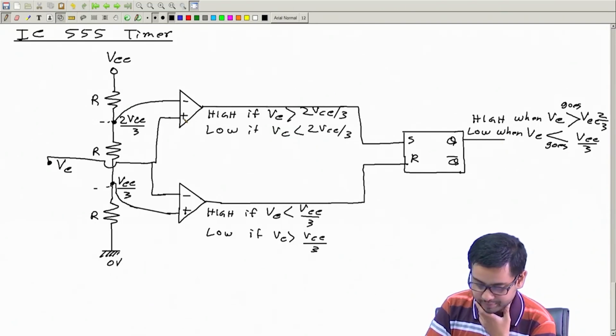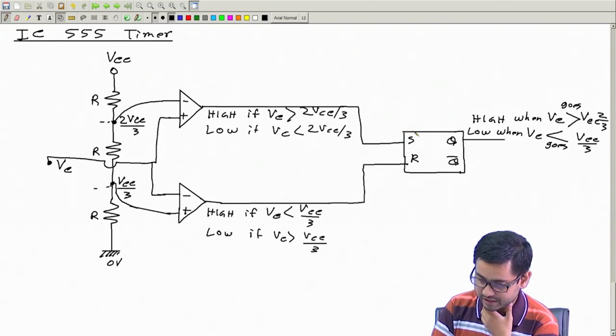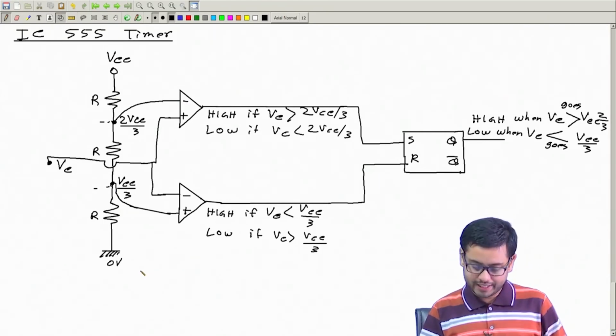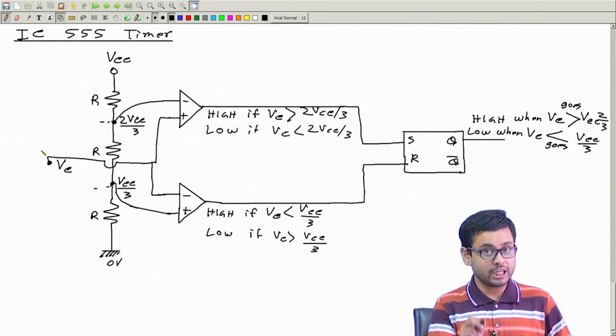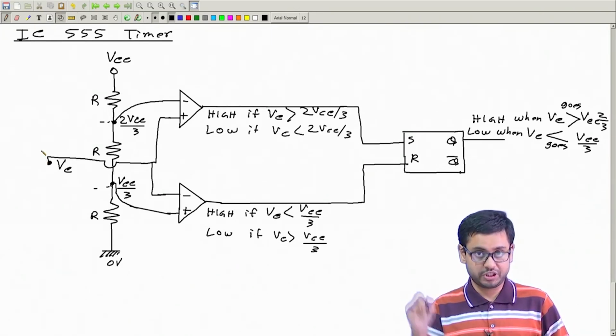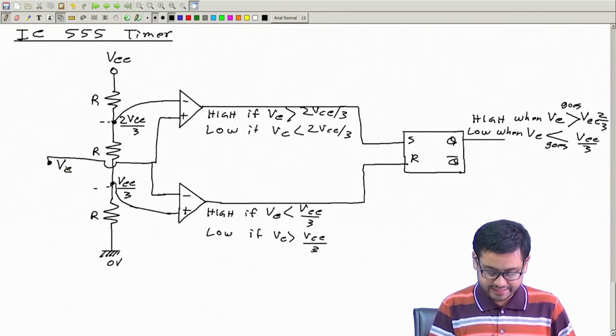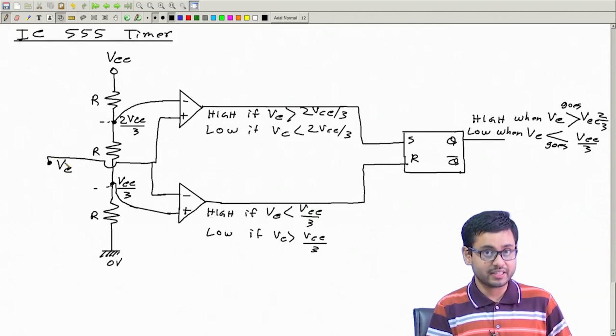So these are the main ingredients of this flip-flop: two comparators and one potential divider. Now, what I will do is this. I essentially want an oscillating voltage, so I will also take this voltage changing with time.